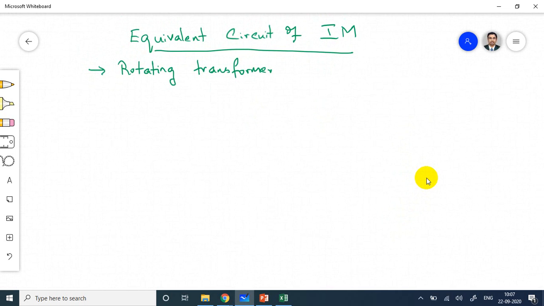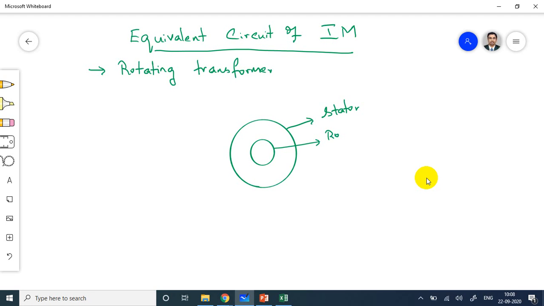We know the induction motor has two parts. One is the stator, and inside there will be a rotor.